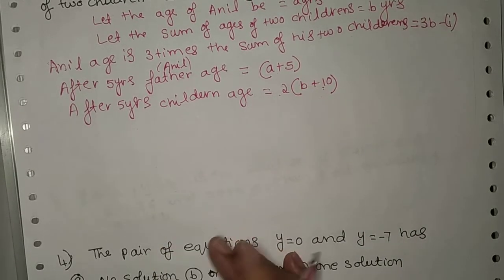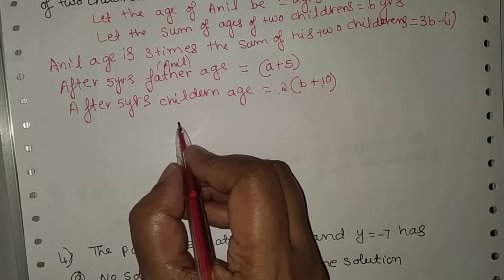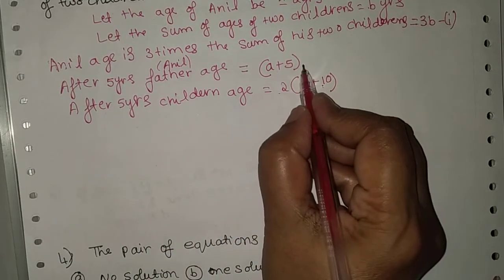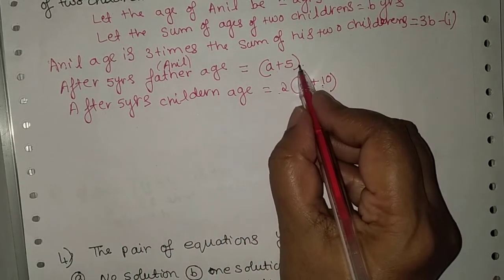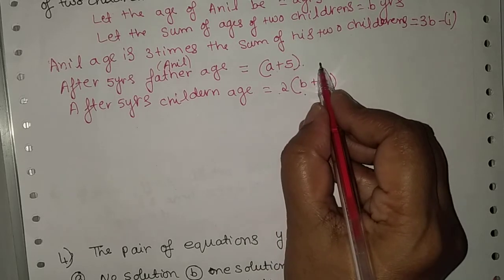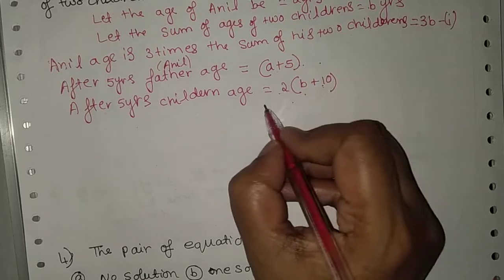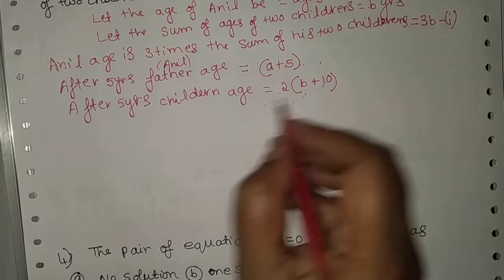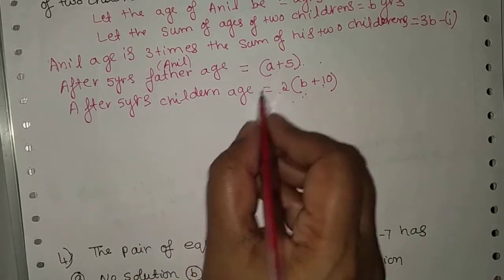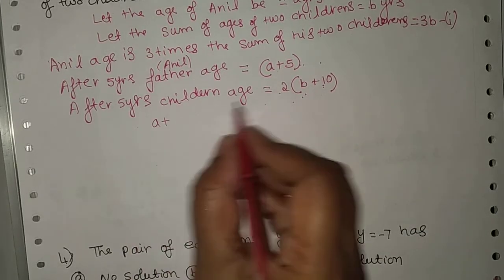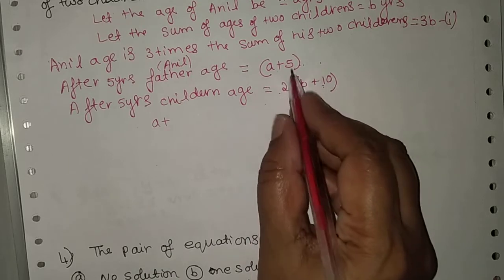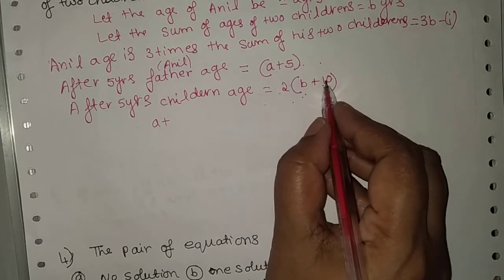So next is, we'll take both of these and equate it. This is father's age after the 5 years. This is the sum of the age of the children after 5 years. Now we'll take both the equations. Since the 2 children are there, we'll take 2 into 5, that is 10.